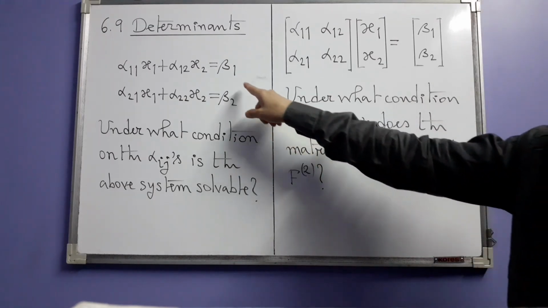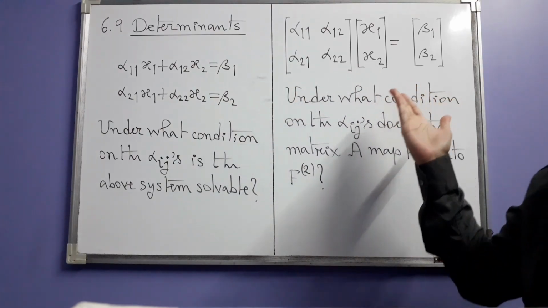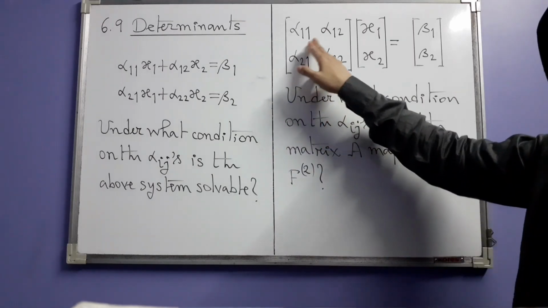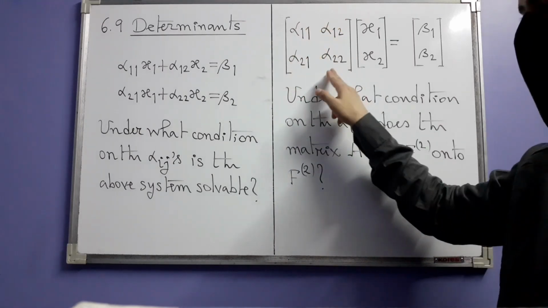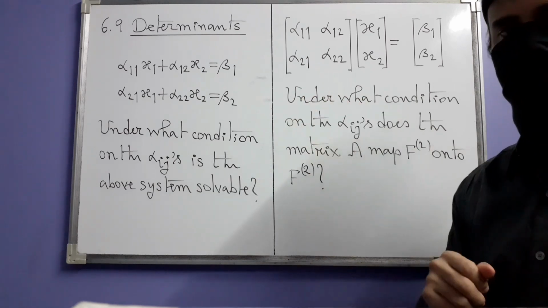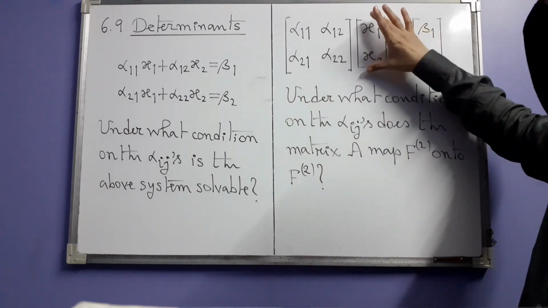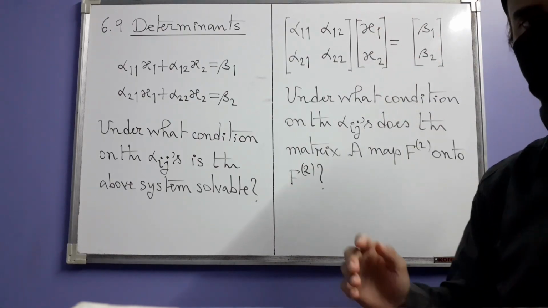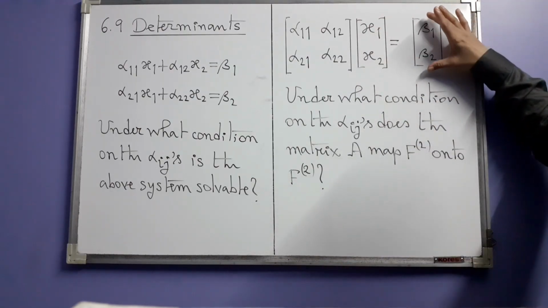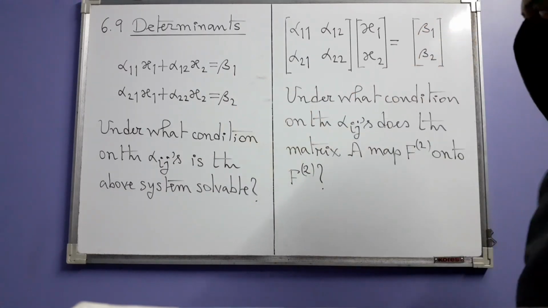In place of this system of two equations in two unknowns, we can also write this matrix equation, where you can see these coefficients forming a matrix, which often is also called the coefficient matrix of such a system of linear equations, followed by this column of the unknown quantities, which is also a matrix. And on this side also we have the column matrix of these betas.